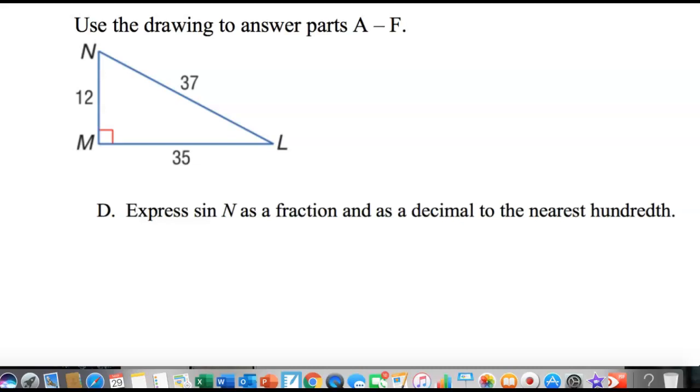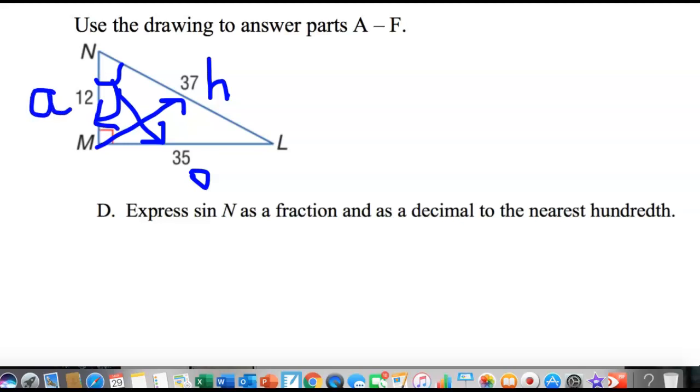Now we're going to switch this time, and we're going to talk about things in terms of angle N. So I'm just going to change my pen color here. So here's my angle of reference, which means this side is going to be my opposite. The one across from my right angle is my hypotenuse, and this guy then would be adjacent. So again, they're asking us sine.